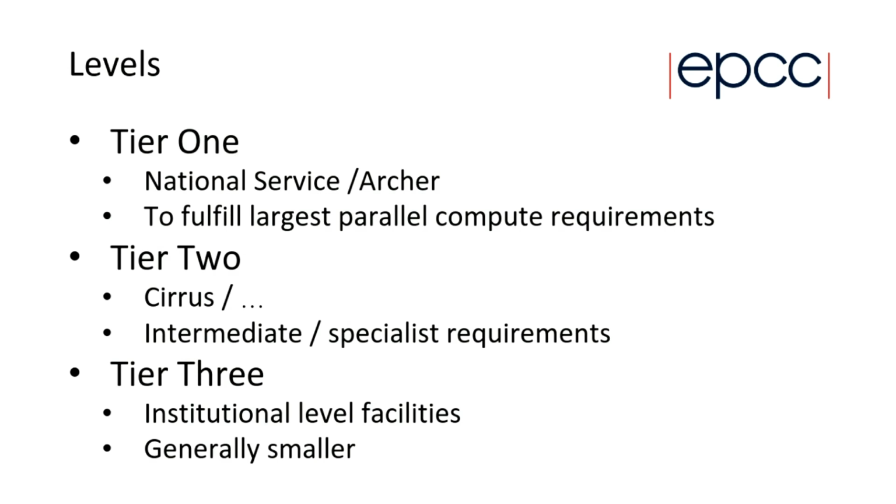So just to put the whole thing in context, in the UK we have this idea of a hierarchy of services, the top of which, so-called Tier 1, is the national service, which is ARCHER, and this is there to fulfill the requirement for the largest parallel jobs of a capability nature. There's then a second tier, of which Cirrus is one element.